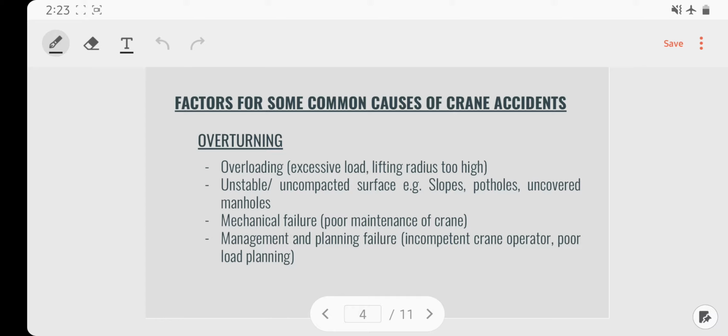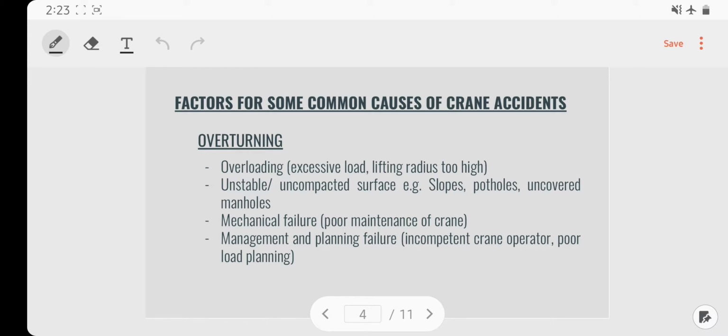So he might not know what he's doing when he carries loads. Another factor is poor load planning. From the management team, we're supposed to hire someone who can properly plan the load being carried. Make sure that the load is within the safe working load, or the working load limit, that is given by the manufacturer of the crane.